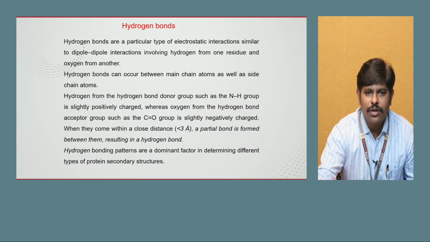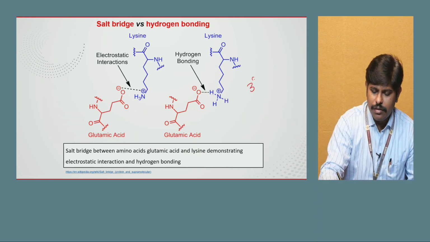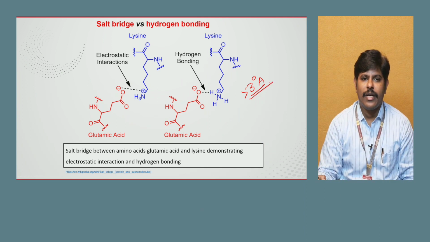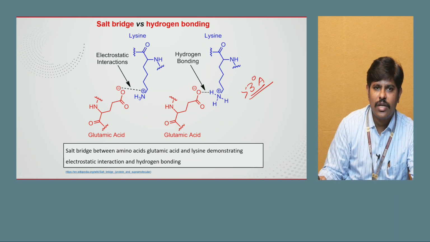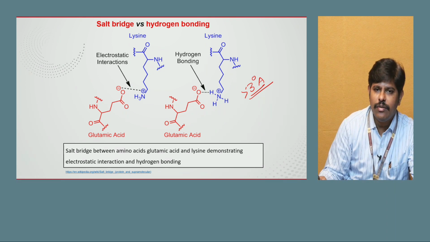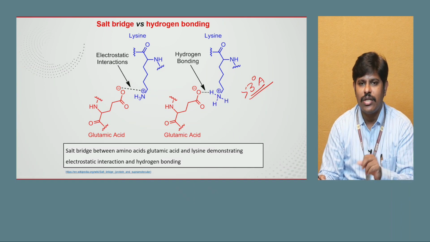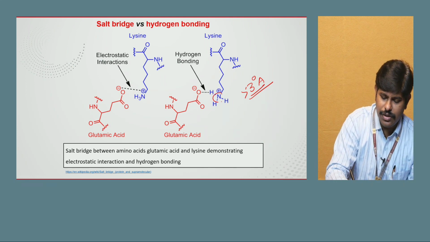So the next one is hydrogen bonding here. The hydrogen bonding basically operates at less than 3 angstroms. So less than 3 angstroms only they can operate here. Hydrogen bonding is nothing but the interaction between a partially charged atom and the H, the hydrogen which is attached to the nitrogen here.